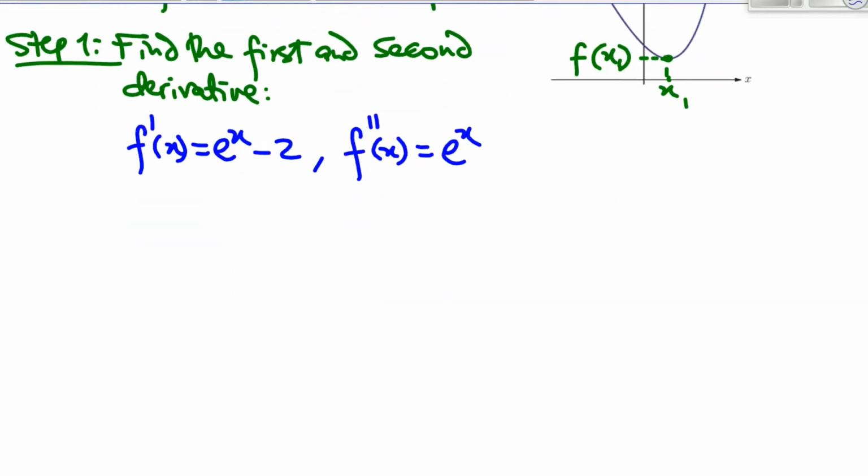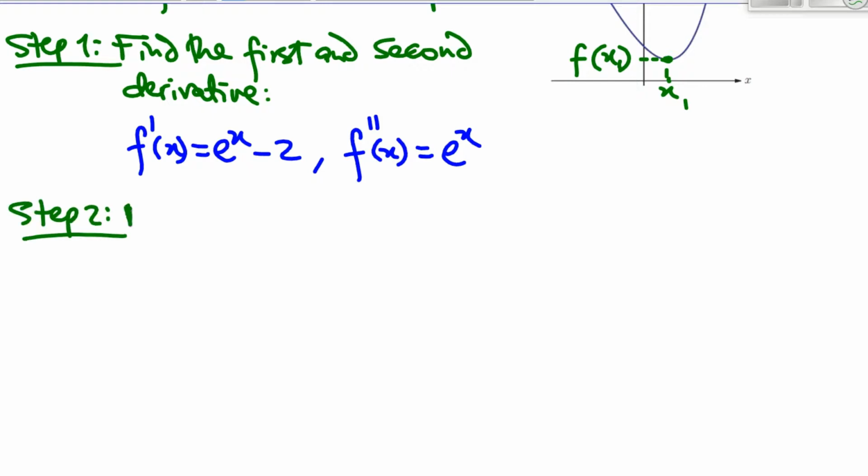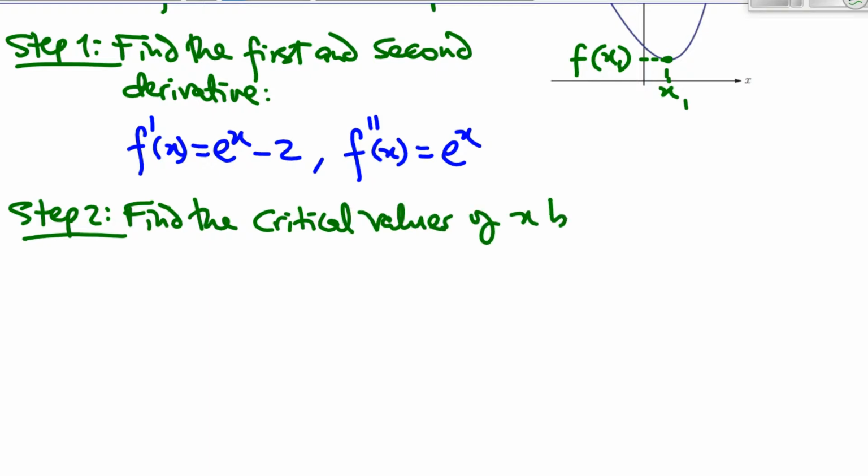After that, our step 2 will be to find the critical values of x by setting the first derivative equal to 0.